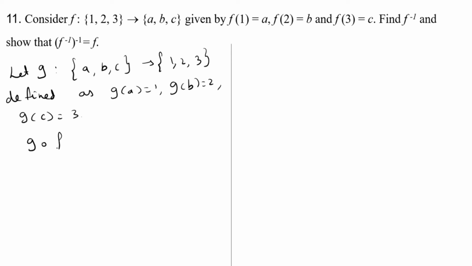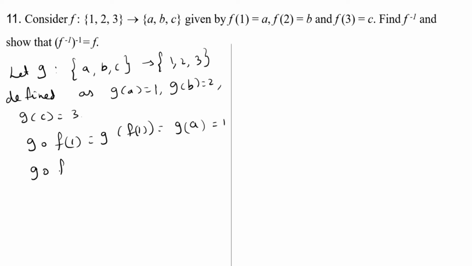So from this we have G of F of 1 is equal to G of A, since F of 1 is given as A, and we have defined G of A as equal to 1. So this is equal to 1.